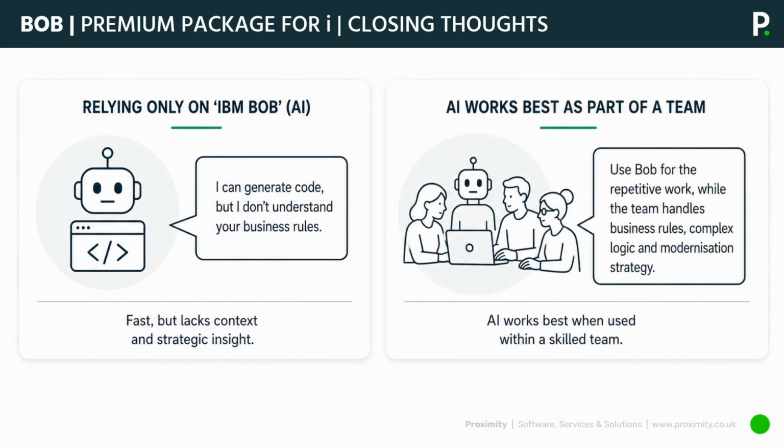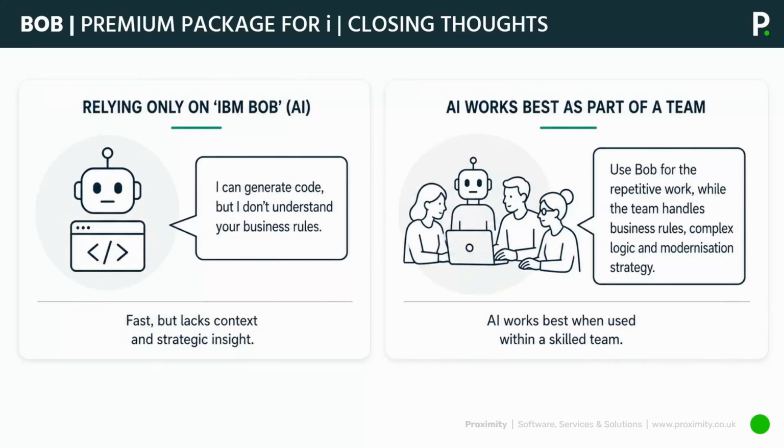Certainly let Bob help with the repetitive work, the documentation, the first pass analysis, and routine development tasks. Then let the developers and business experts apply the judgment, experience, and the understanding needed to make the right decisions and review that code. For IBM I, this is not about replacing developers. It's about giving teams better tools so they can modernize with more confidence.